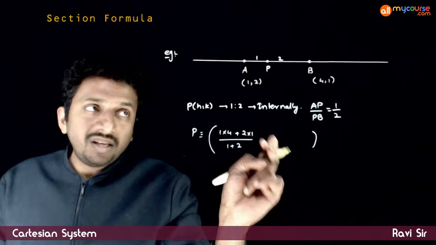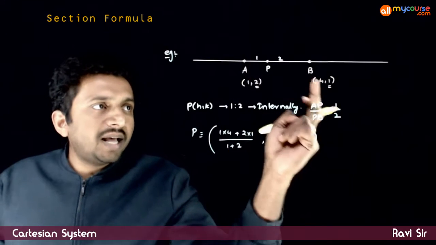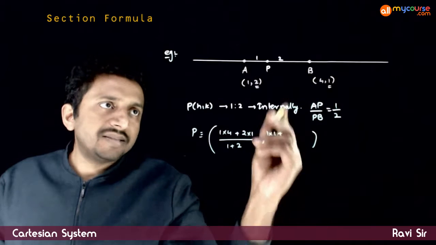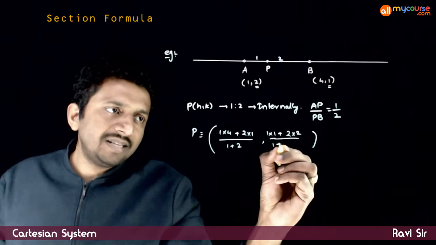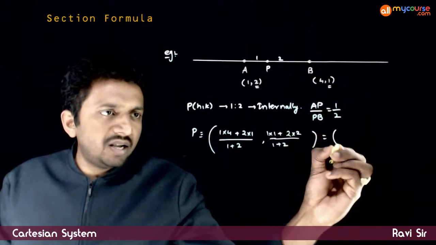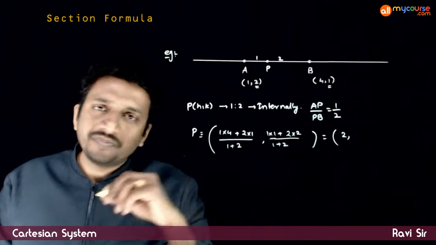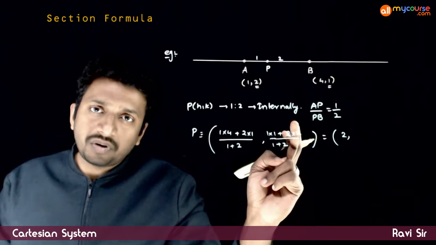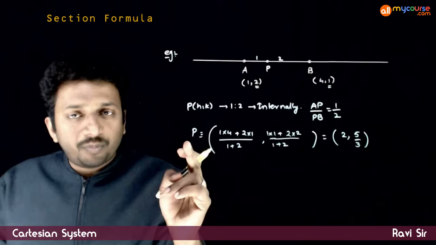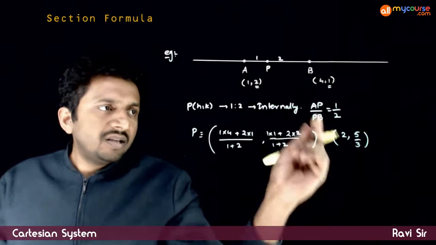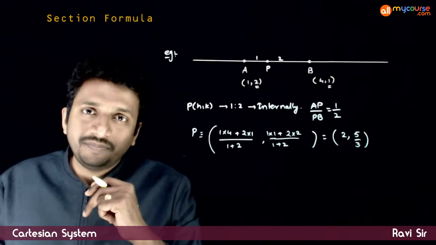It involves only the y coordinates of A and B. So 1 times 1 plus 2 times 2 by m plus n again. That is equal to 4 plus 2 is 6 by 3 is 2, and 1 plus 4 is 5 by 3. So the point P is (2, 5/3). Those are the coordinates of the point P.